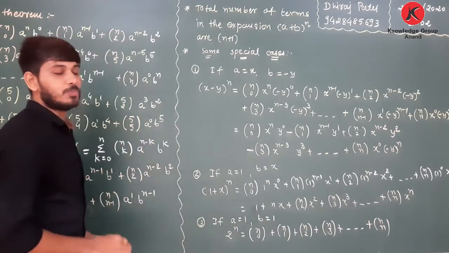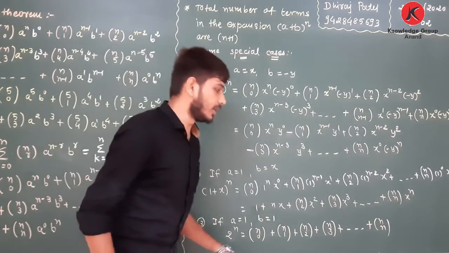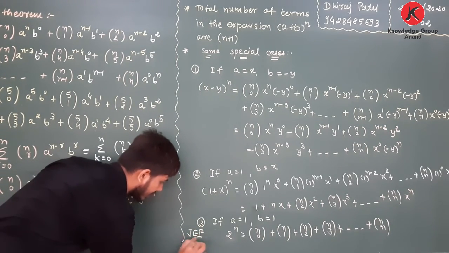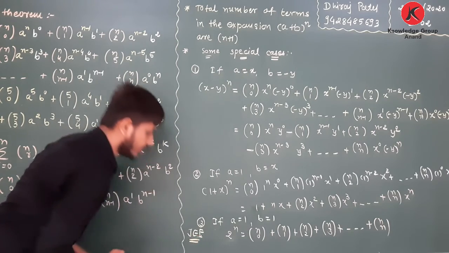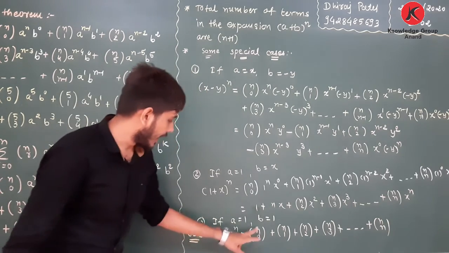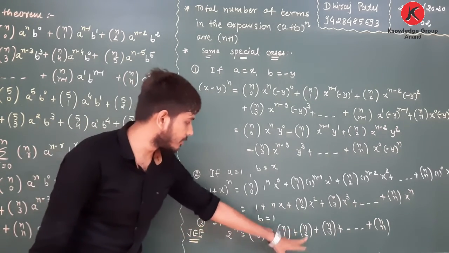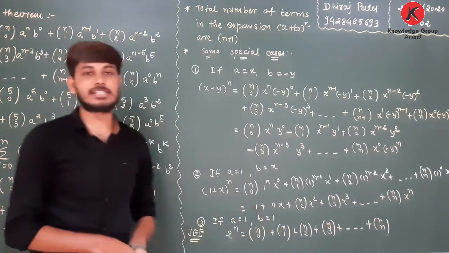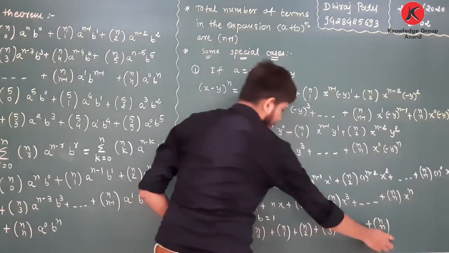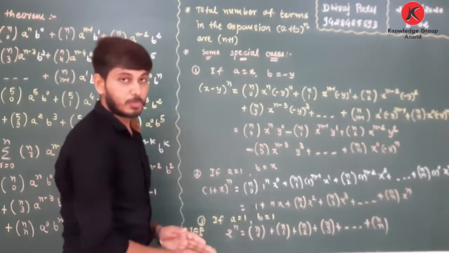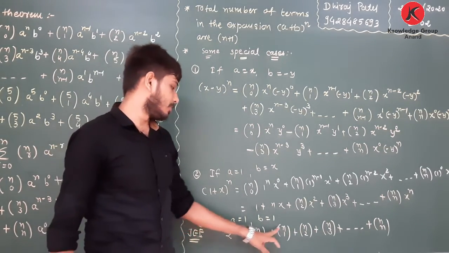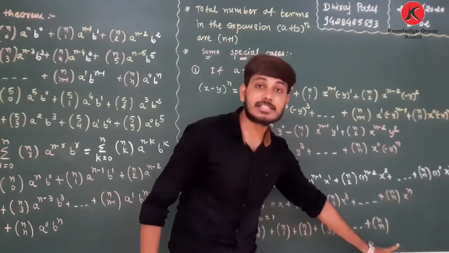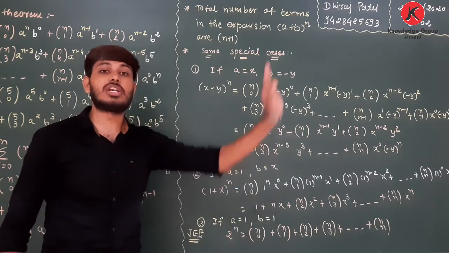This is most important result for calculating the JEE MCQ. That means we can directly write down 2 raised to n if nC0 plus nC1 plus nC2 plus nC3 up to nCn is there. જો આ આવતું હોય તો બહુ ઇમ્પોર્ટન્ટ લોજિક છે, બહુ ઇમ્પોર્ટન્ટ રિઝલ્ટ છે.